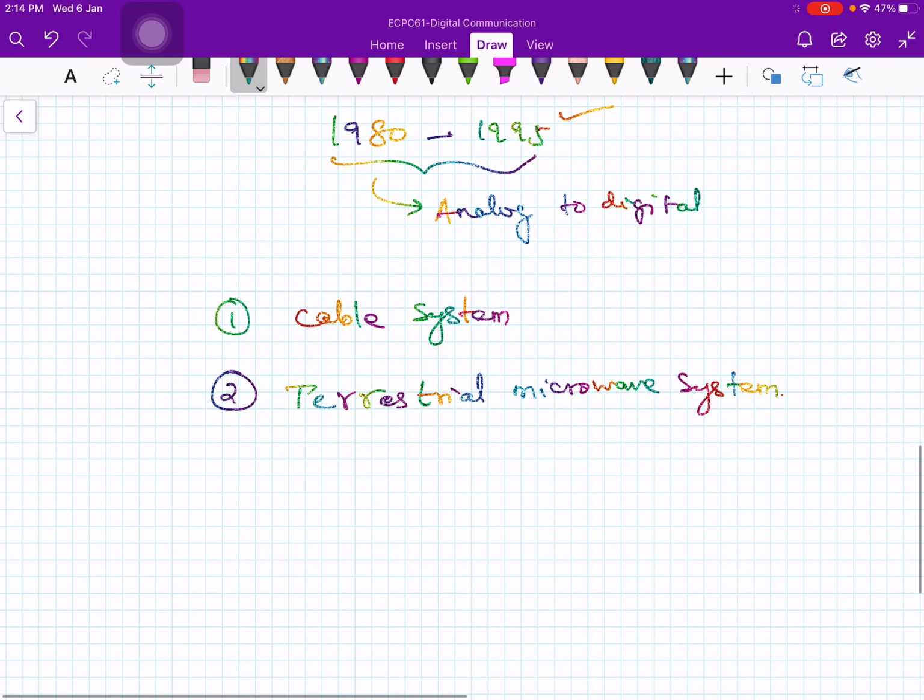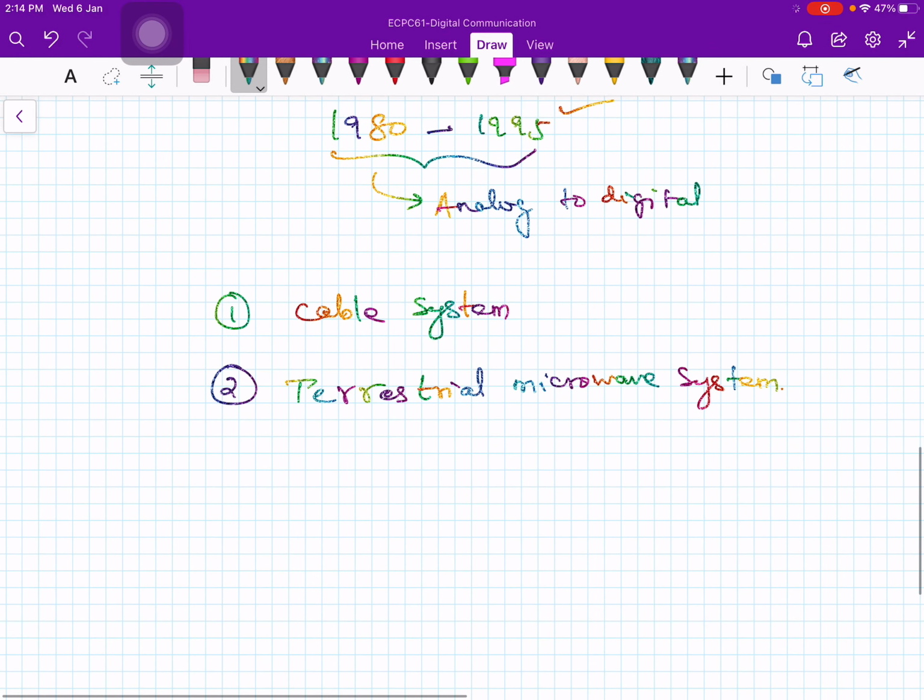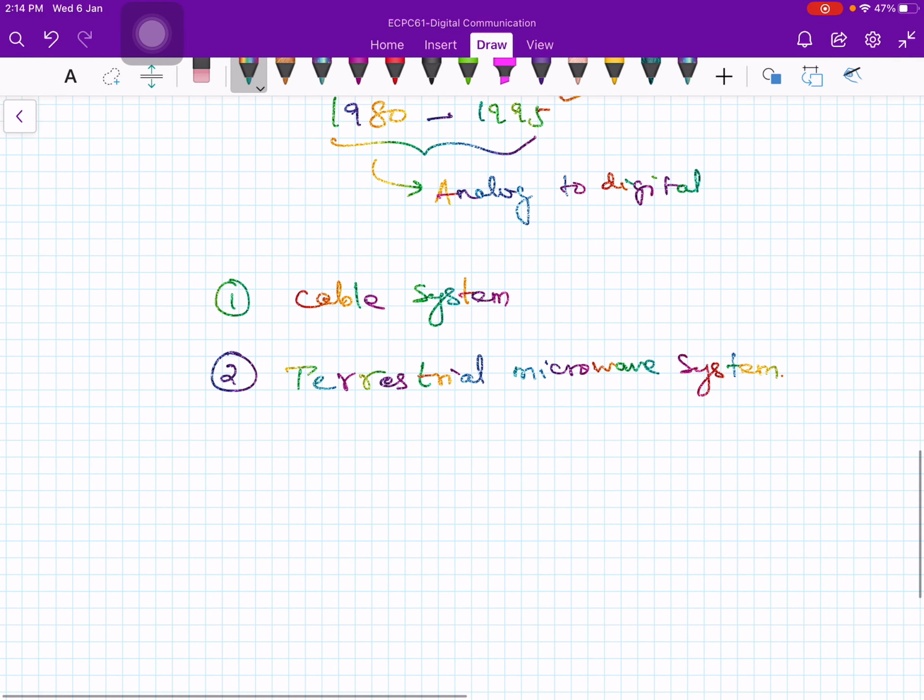The cable system you are very familiar with. It is used to communicate from one place to another over a cable.